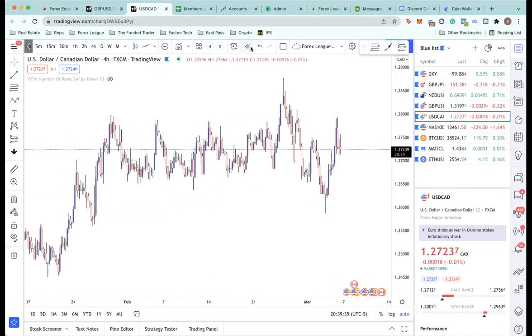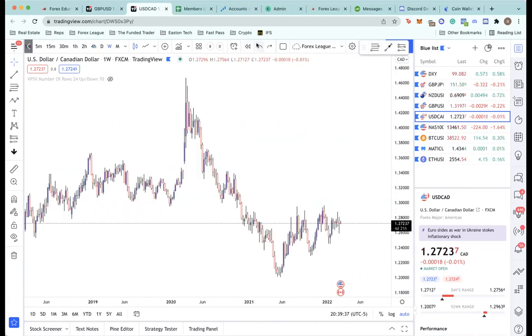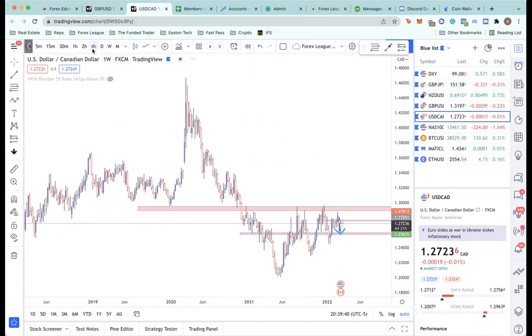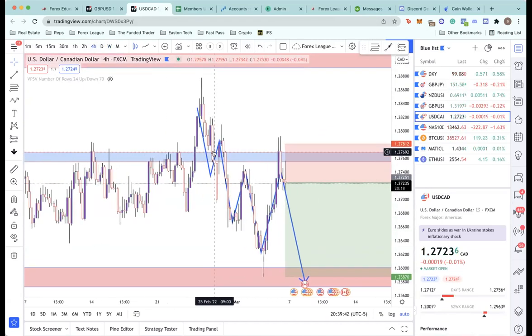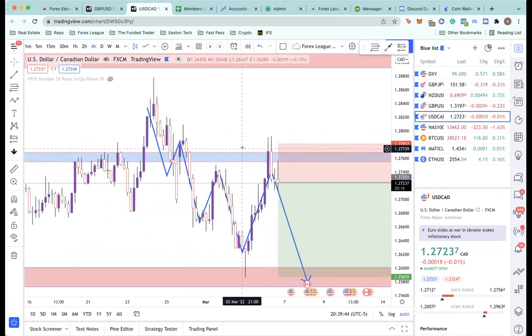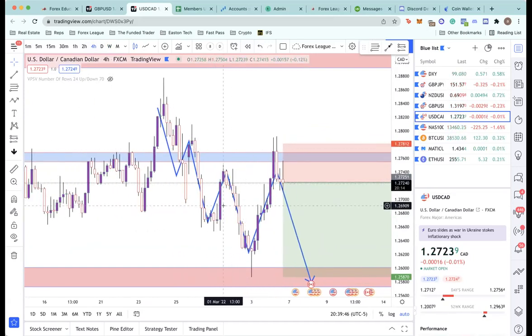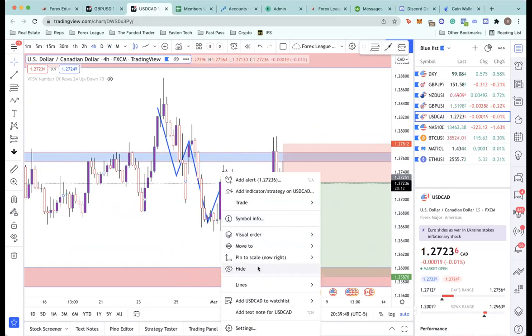And coming down now to the lower time frame, let's bring all this back on. We're looking at structure, mapping this out. Let's take off the candlesticks.